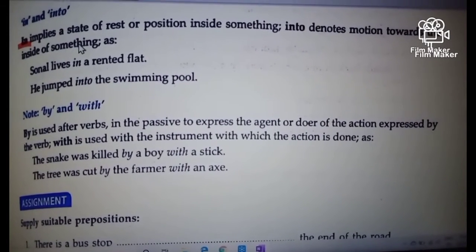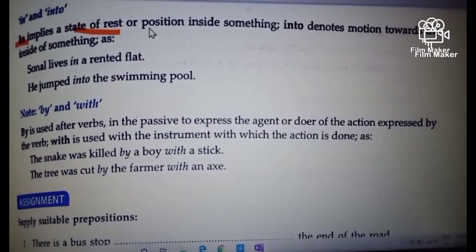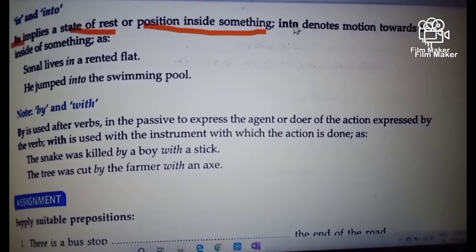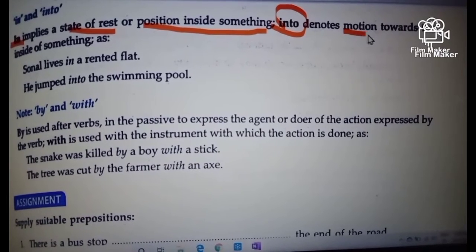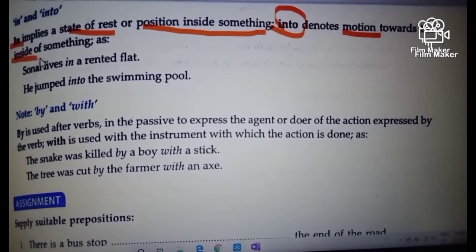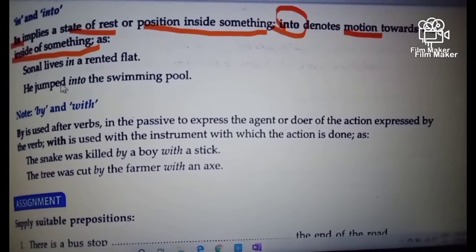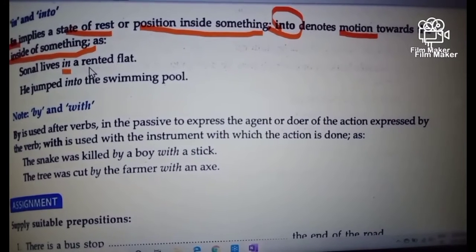In implies a state of rest or position inside something. Into denotes the motion towards the inside of something. Understand with the help of examples. Sonal lives in a rented flat.